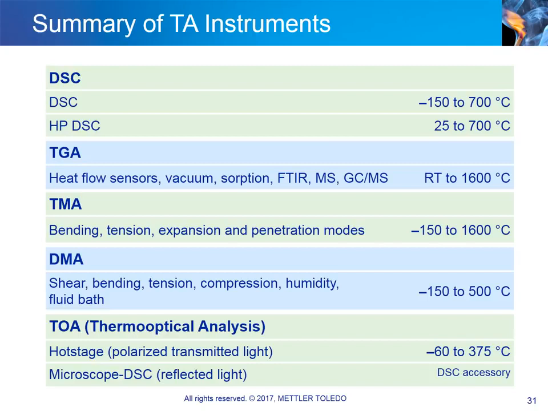TGA measurements normally begin at room temperature. The maximum possible temperature is 1,600 degrees Celsius. TMA experiments can be performed between minus 150 degrees and plus 1,100 degrees. DMA samples are measured in the range of minus 150 degrees to plus 600 degrees.